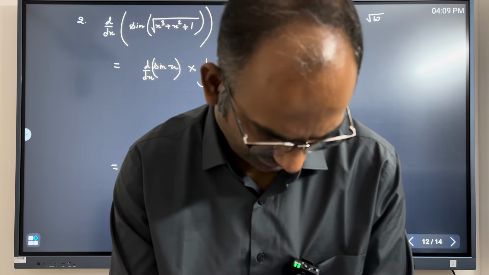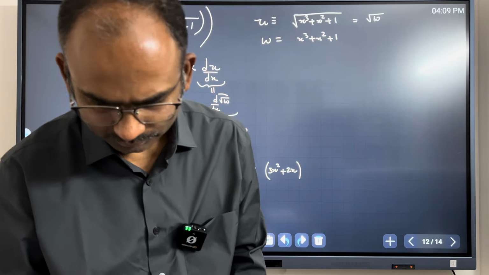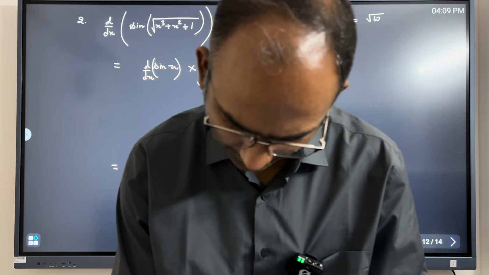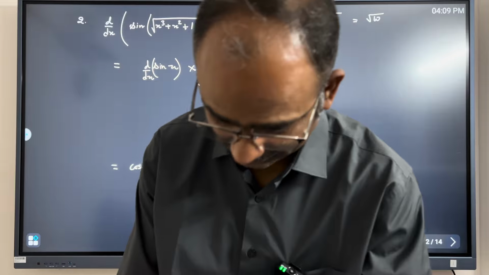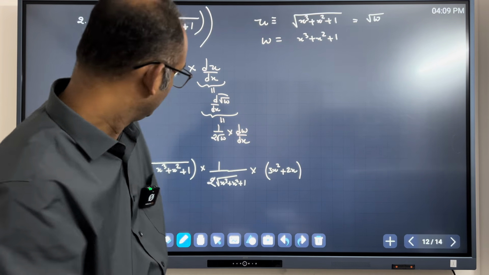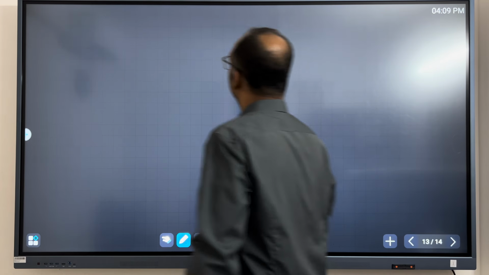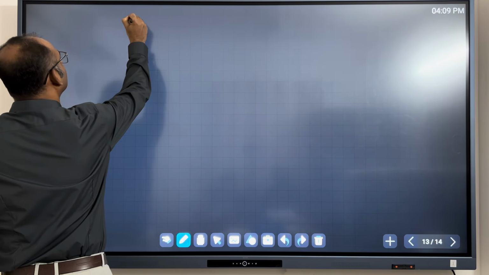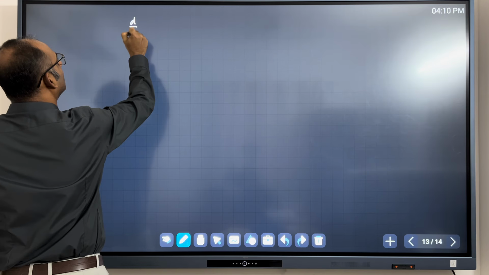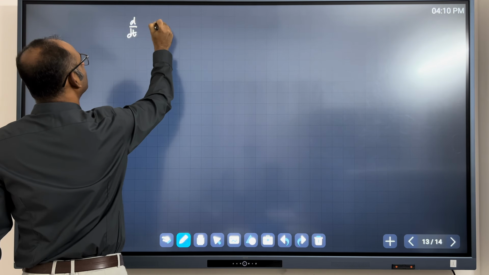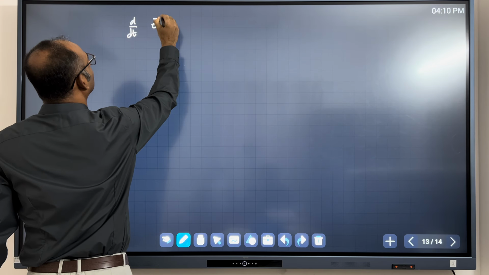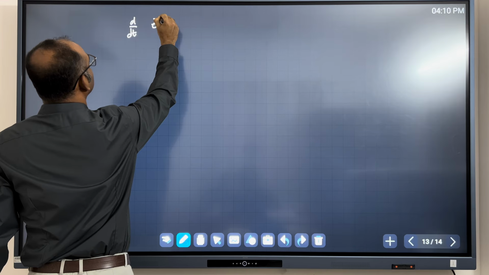Now I'll give you one final example. Final example, and it's a useful one. Differentiate d over dt of e to the minus t.